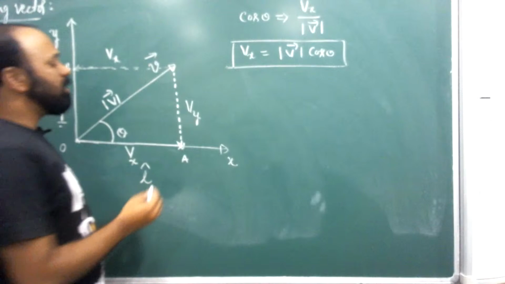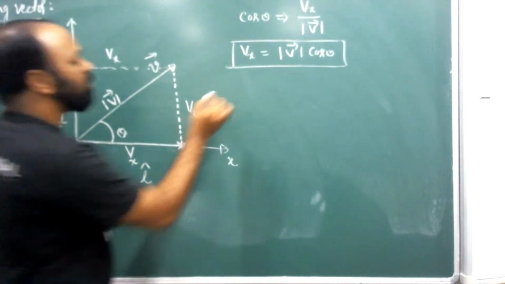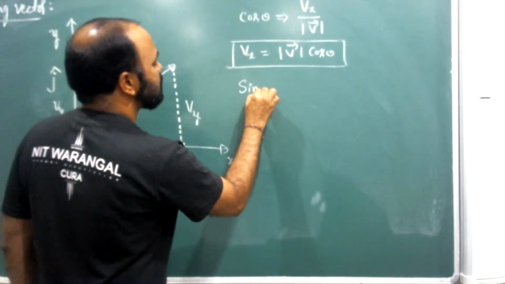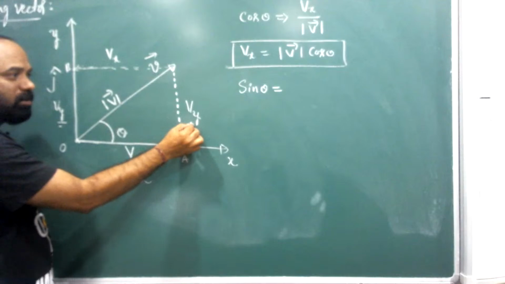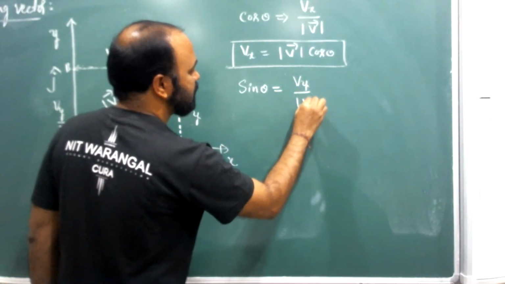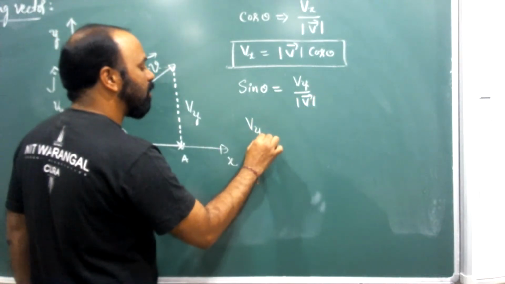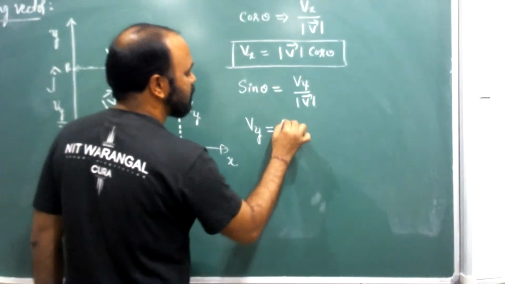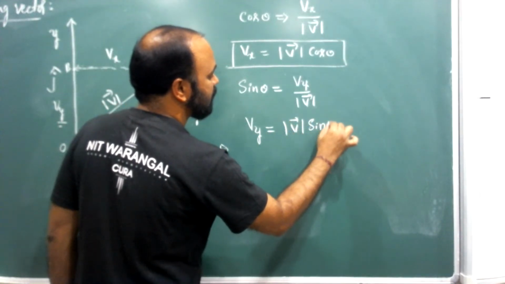Similarly, from this diagram, sin theta equals, for this particular theta, opposite side is Vy, by the magnitude of this vector. So if you want the y component or vertical component of this vector, we can write magnitude of V bar into sin theta.